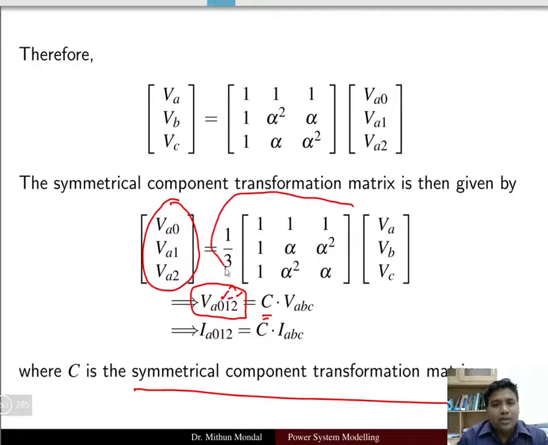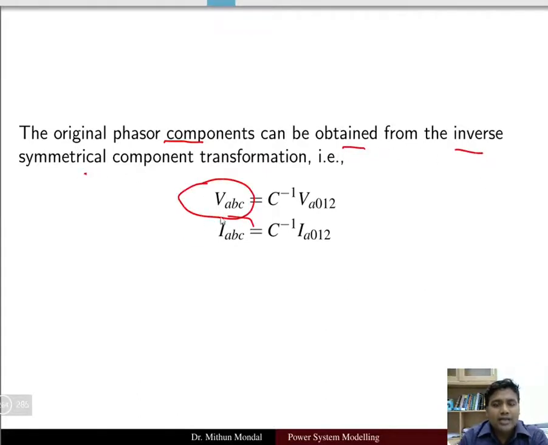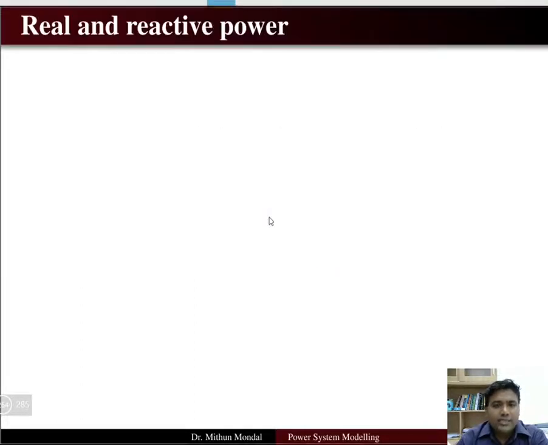Now the current can also be written in terms of the matrix C multiplied with the current IABC. The original phasor components can be obtained from the inverse of the symmetrical component transformation. So VABC and IABC, the unbalanced ABC components of voltage and current, can easily be obtained if you take the inverse of C and the voltage and current components of phase A.